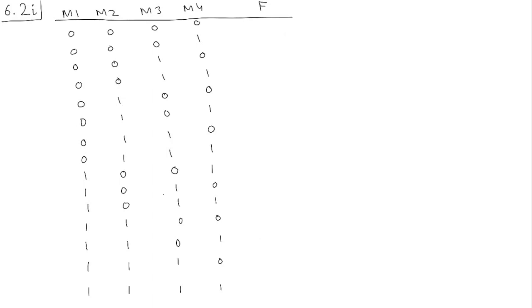So basically in all these first conditions where M1 is 0, our F is just going to be 0, right? So we can just write that. So it's going to be 0 0 0 0 0 0 0. Okay, so it's going to be 0 till here at least. That's fairly straightforward.